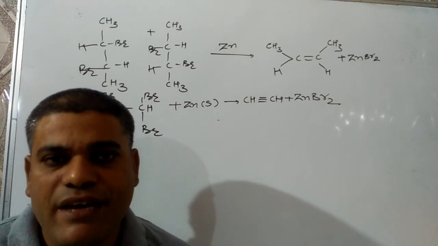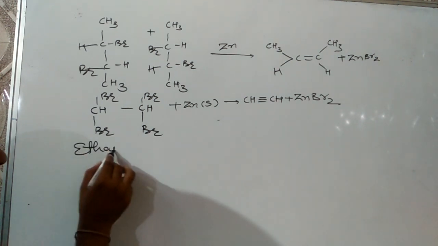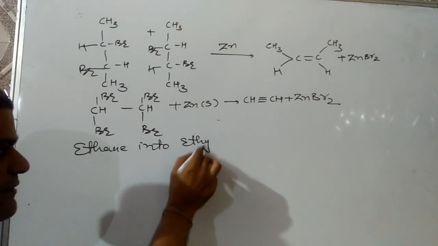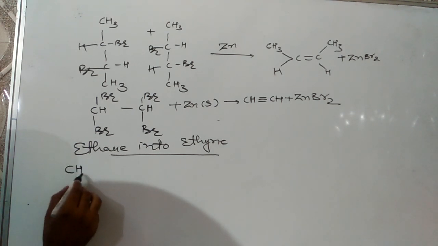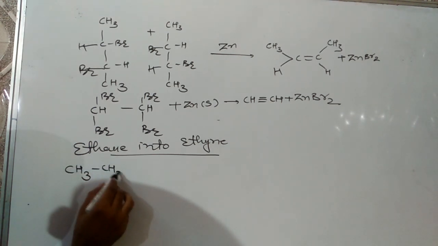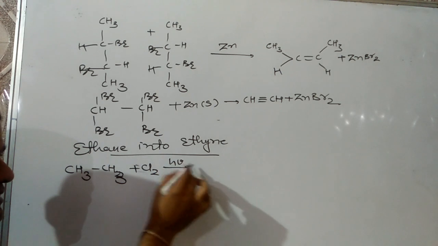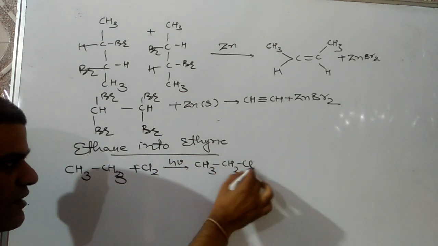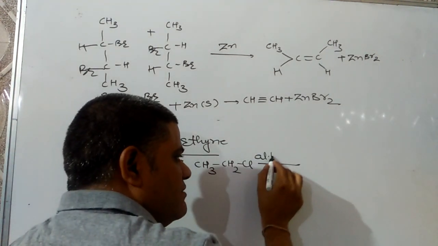Now the next question may be: convert ethane into ethyne. A very important question. For that, first of all, we have to do the chlorination of ethane in the presence of sunlight. The product will be chloroethane, and then that reacts with alcoholic KOH.